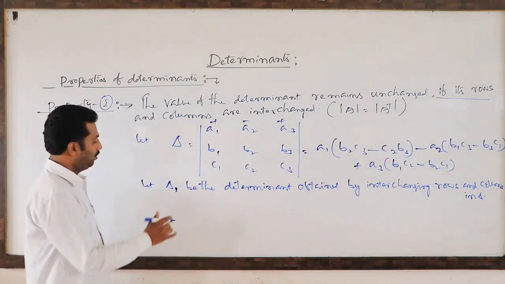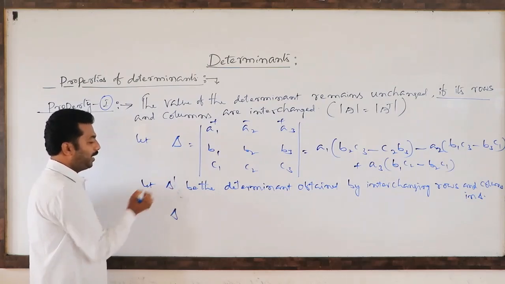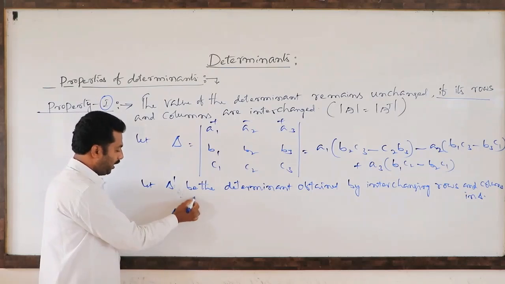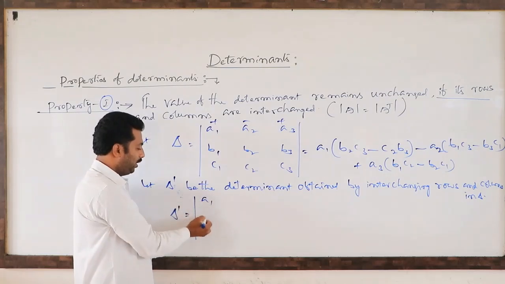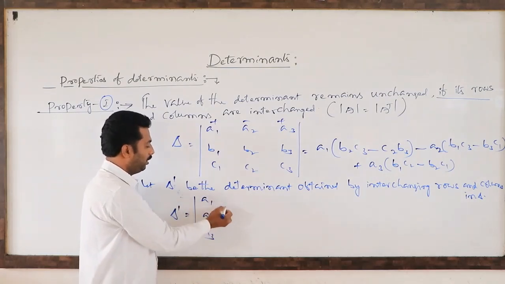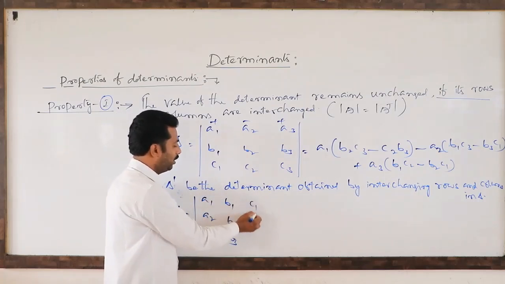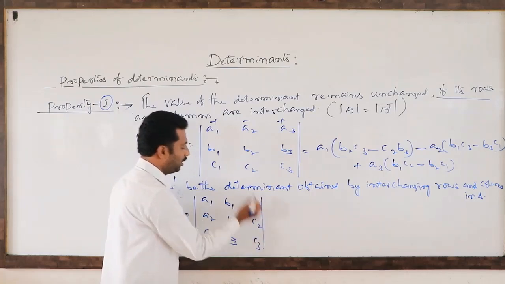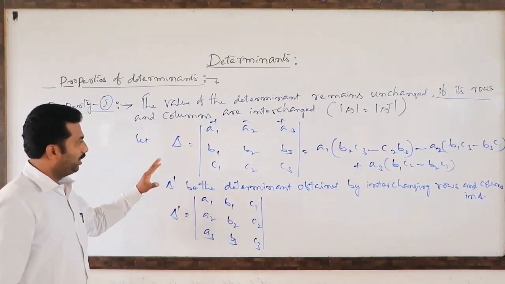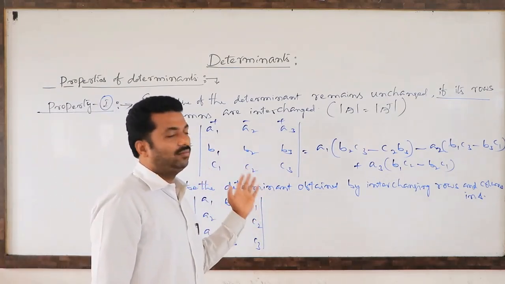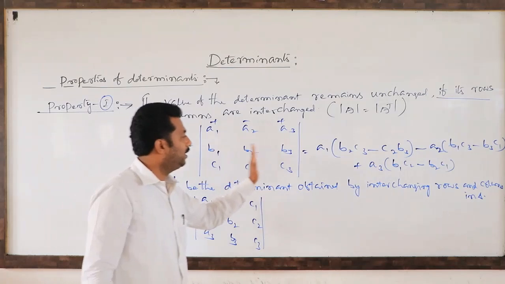Rows and columns are interchanged, or you can take this as delta dash also, no problem. So delta dash is equal to: first row becomes first column, nothing but A1, A2, A3. Second row becomes second column, B1, B2, B3, C1, C2, C3. Last class we discussed that you can expand a determinant along any row or any column, one of 6 ways, 3 row-wise, 3 column-wise.